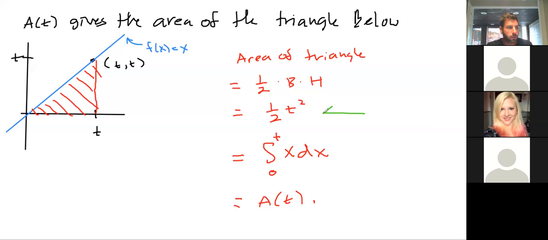This thing happens to be equal to this thing, and look at what happens if I take a derivative. Note, A prime of t is just t.